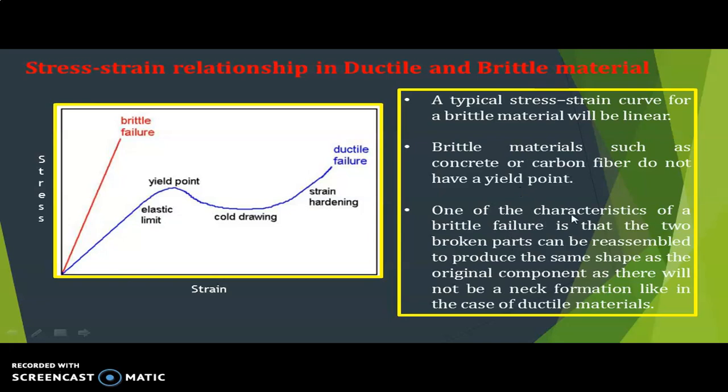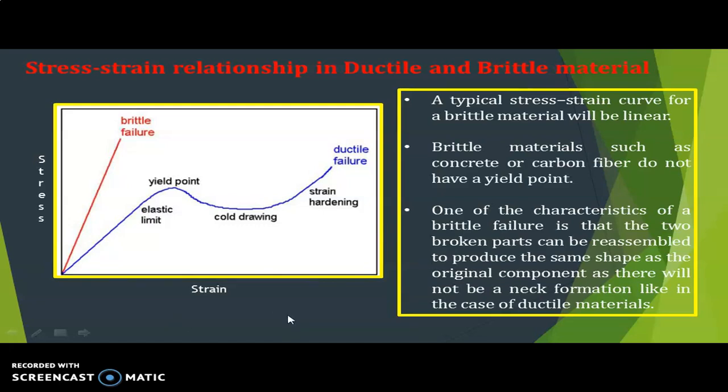Also, one of the characteristics of a brittle failure is that the two broken parts can be reassembled to produce the same shape as the original component, as there will not be a neck formation. The material suddenly fails without giving any warning. So this is the difference between brittle and ductile failure.